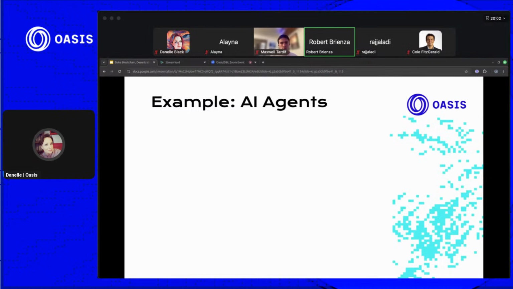So this is all a little bit hand-wavy. Hopefully you're still following, but let's talk about a very specific example. Today, there's tons of AI agent projects out there, and they're all purporting to do similar things. Maybe some are different, but there's a lot of competition in the AI agent space. And I think not because it's just hype, I think because there is real value there.